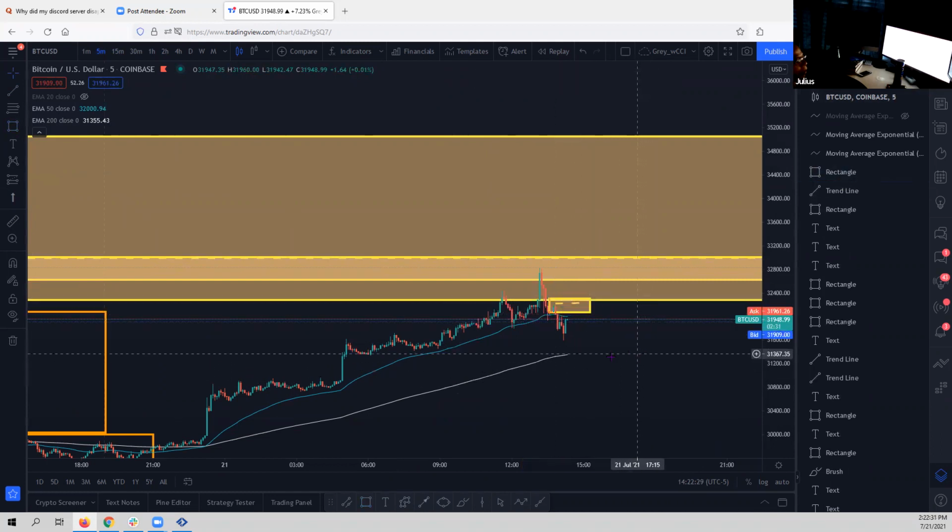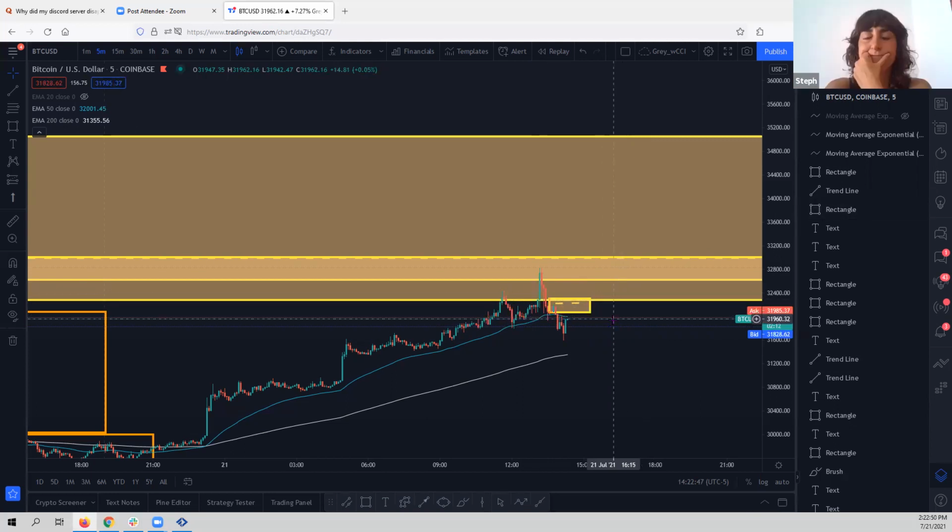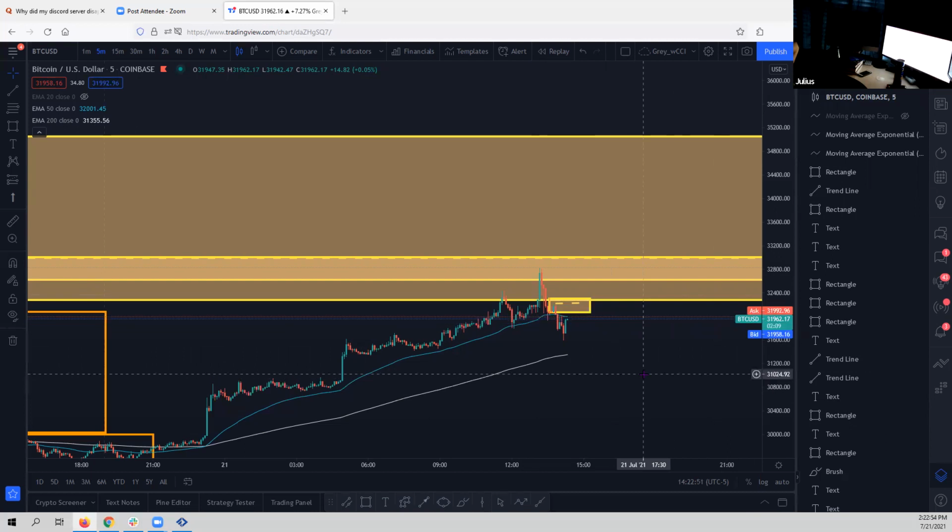If price breaks above it, you know that the market maker probably has other ideas better than the thesis we're coming up with. But if he gives another confirmation engulfing candle, pin hammer to the downside, boom, that's an M pattern on the 15 and 5-minute chart. Got that? Yeah. Cool.